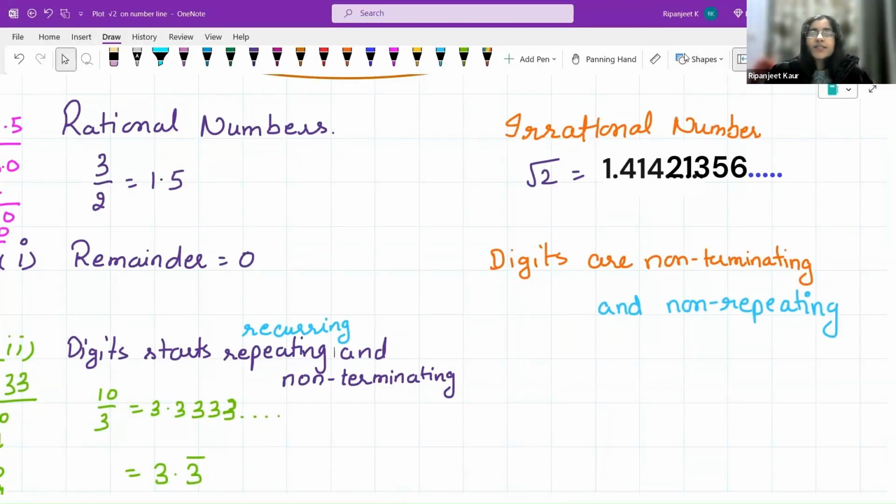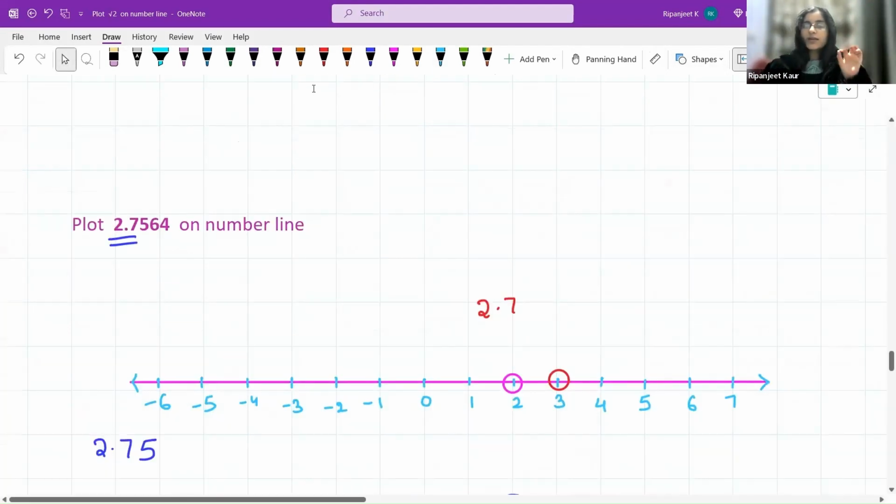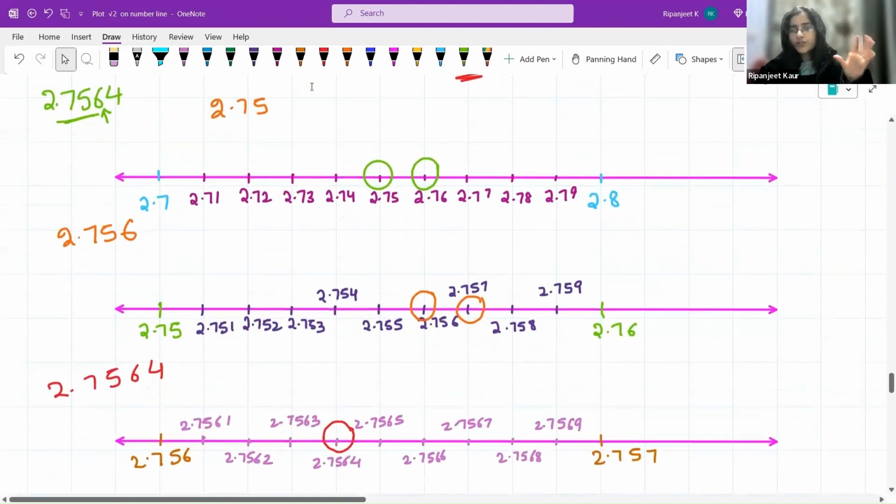Do you think there is a way that we can change a decimal representation into a rational number? Do you think that is possible? So today we learned how to plot this number on the number line.